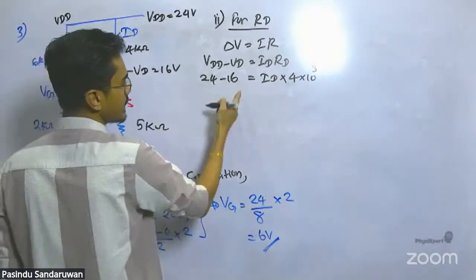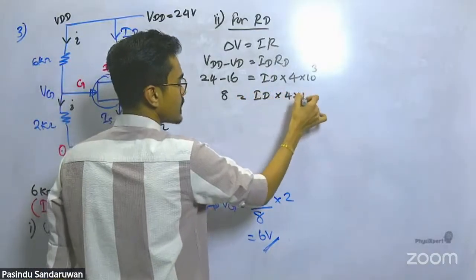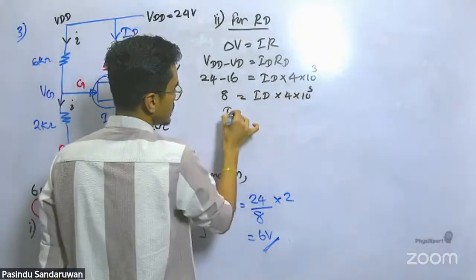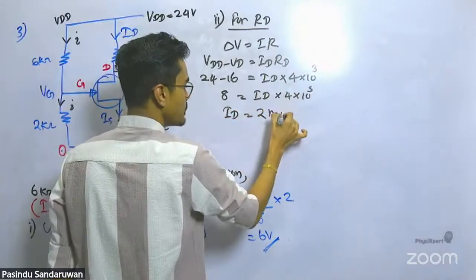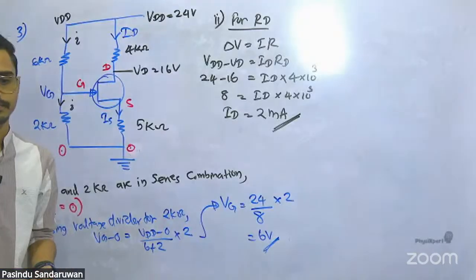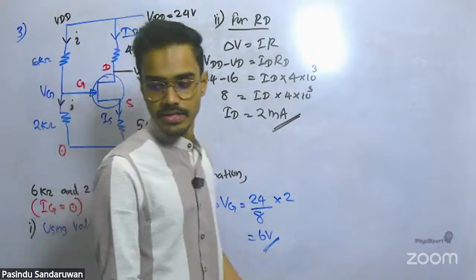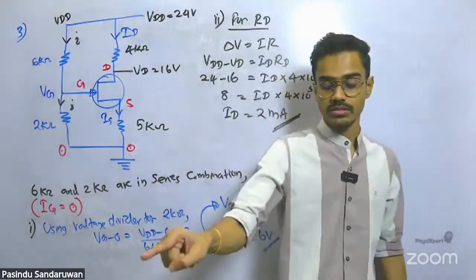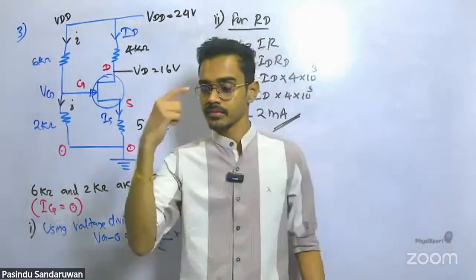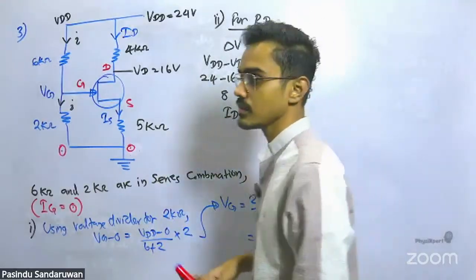This is 8 equals ID times 4 times 10 to the power 3. Then ID equals 2 milliamperes, 2 times 10 to the minus 3, not 2000.